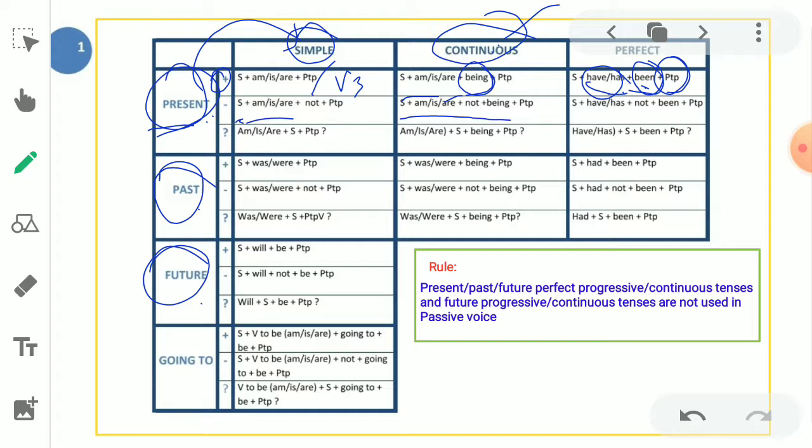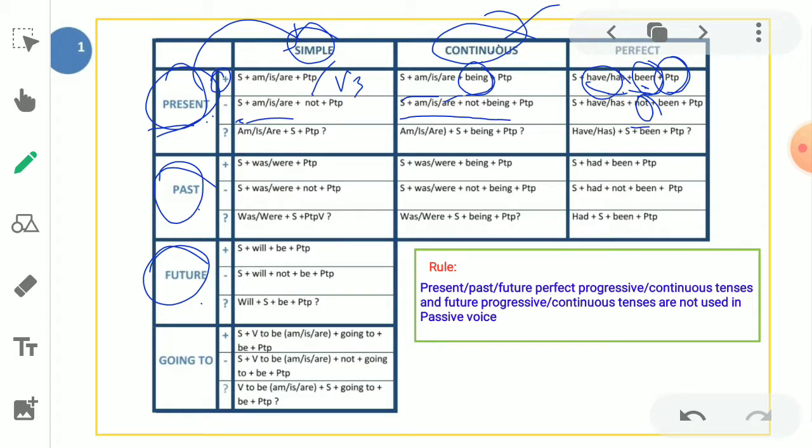When you come to present perfect, the rule is the same for every tense, but the helping verb is different. Here: subject plus have or has plus not plus been form. See, the negative form is used after the helping verb.